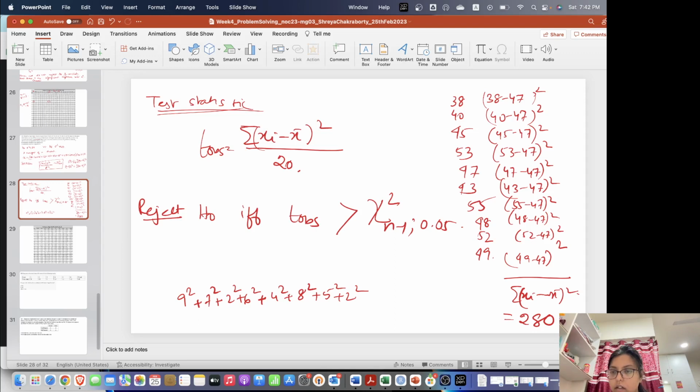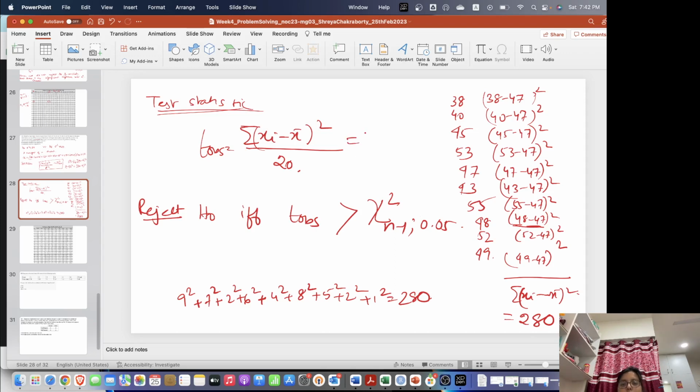Okay, one I have missed here, plus 1 square. Yeah, 280. This one I missed. So this one comes out to be 280.